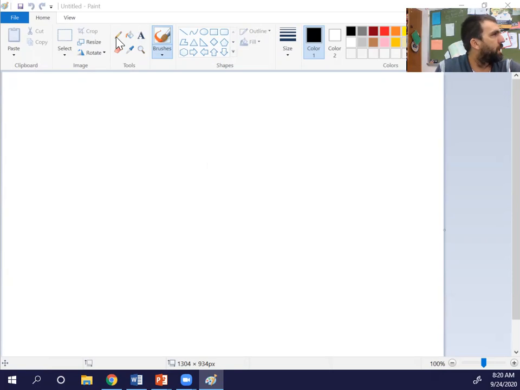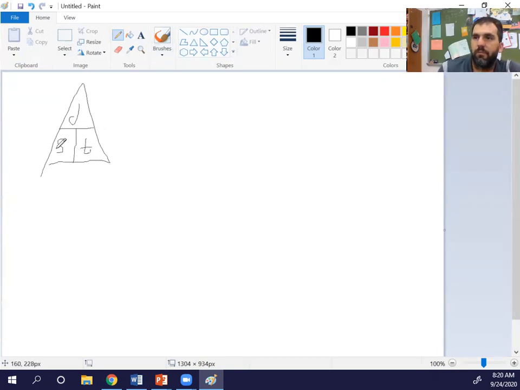I can draw what's called the speed triangle, okay? The speed triangle, it's a triangle. S stands for speed. D stands for distance. T stands for time. So if I'm looking for speed, I cover up the S, and what does S equal?